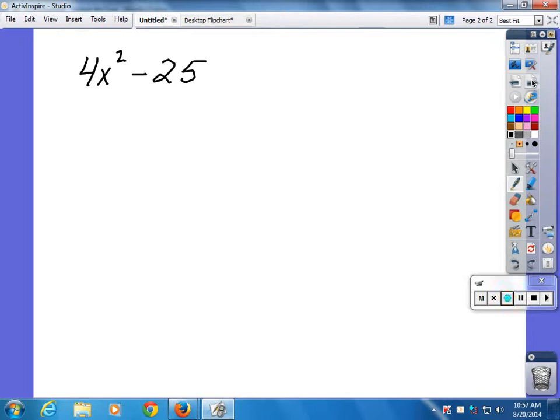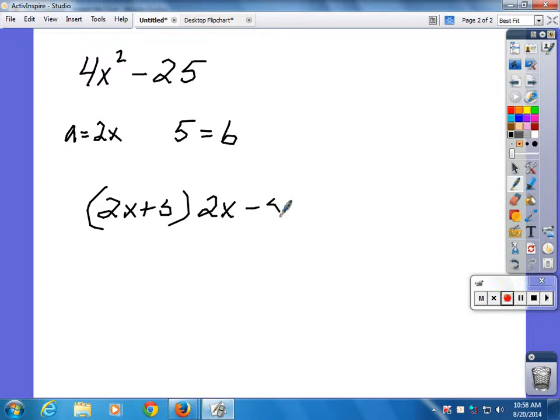Go to your Excel spreadsheet and make an Excel spreadsheet and do squares, cubes, fourth, fifth, sixth, and fill it out and learn it. That's how you do it. What's the square root of 4x squared? So A is equal to 2x. What is the square root of 25? So B is equal to 5. So your answer is 2x plus 5 times 2x minus 5.